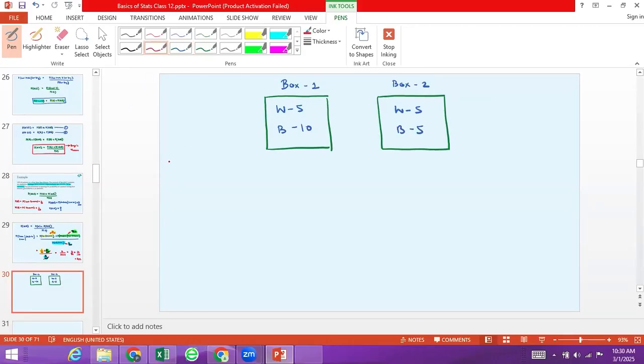Now, both of these boxes are kept in a dark room, right? So you go into that room, select a bag and you draw a ball from that bag. What is the probability that the ball is blue, right? So one bag is selected at random, and a ball is drawn from it.